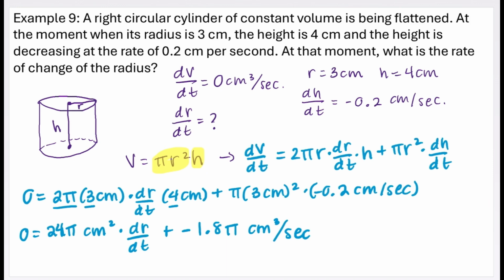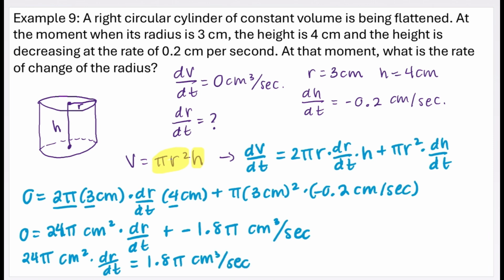And now I'm going to move the negative 1.8 pi centimeters cubed per second to the other side. So I'll end up with 24 pi centimeters squared times dr over dt equals 1.8 pi centimeters cubed per second.